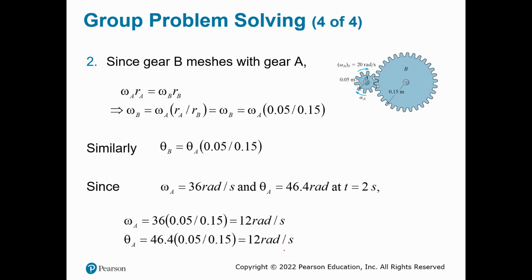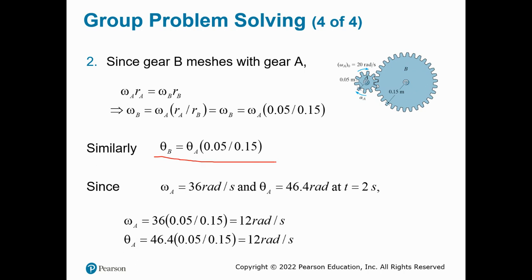Also, since B and A are in contact, their tangential acceleration is the same. With omega A RA equals omega B RB, we can calculate. We have this relationship. We know angular velocity of A and angular velocity of B, we know their ratio to each other.